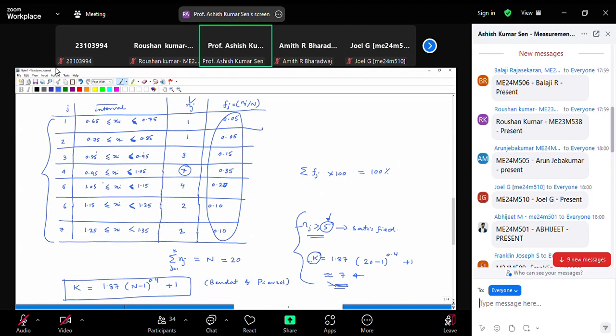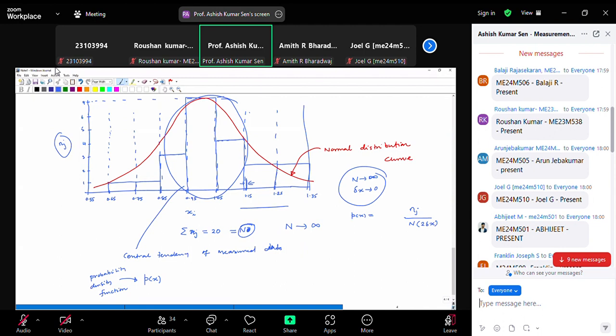And N_j is here. So the probability density function is N_j divided by n times delta x, under the limit when delta x becomes 0.